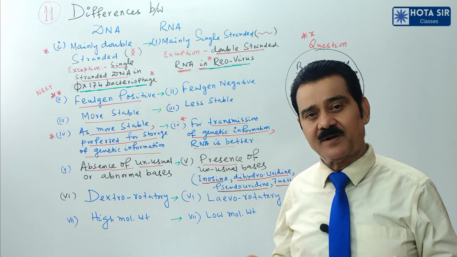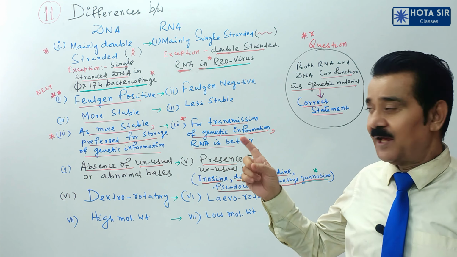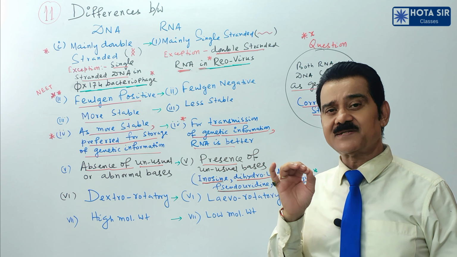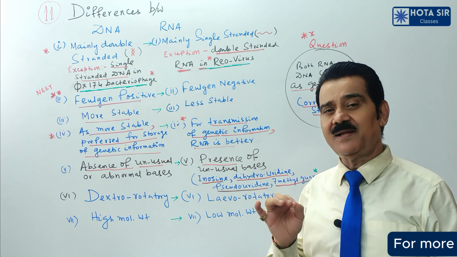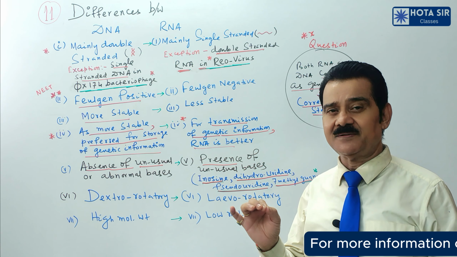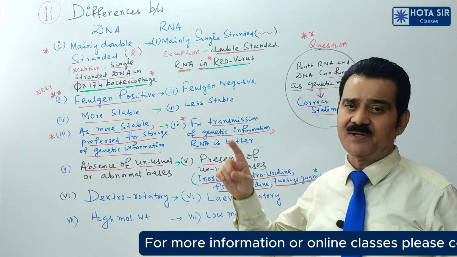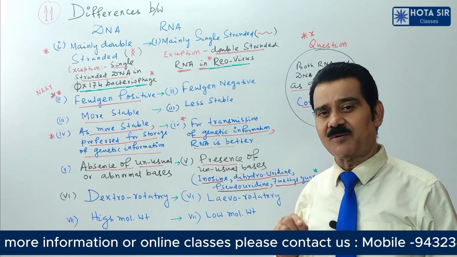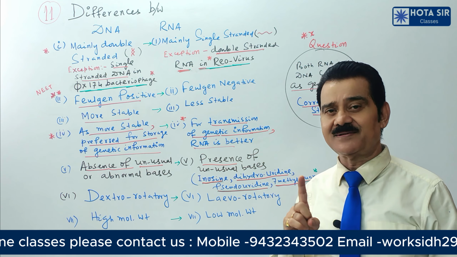Now children, the differences between DNA and RNA. Have a look towards the board, my dear children. DNA is mainly double-stranded, whereas RNA is mainly single-stranded. DNA is double-stranded, but an exception is found in the phi X 174 bacteriophage or bacterial virus, where the DNA is single-stranded.